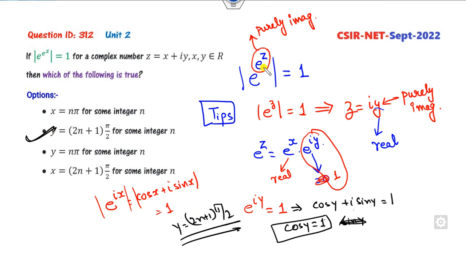So remember, you have to think about that. This must be of the form iota times a real component. Then only it will be real. How can you make this real? Only when it is e raised to power x, so this part must be 1. When it is 1, if you compare, cos is 1. So when cos is 1, it's pi by 2. This is the right answer of this problem.